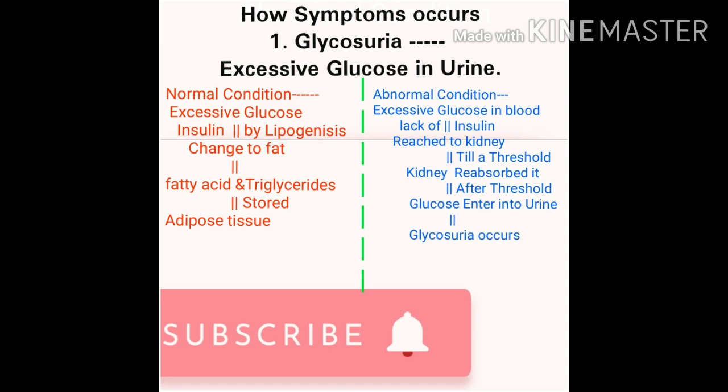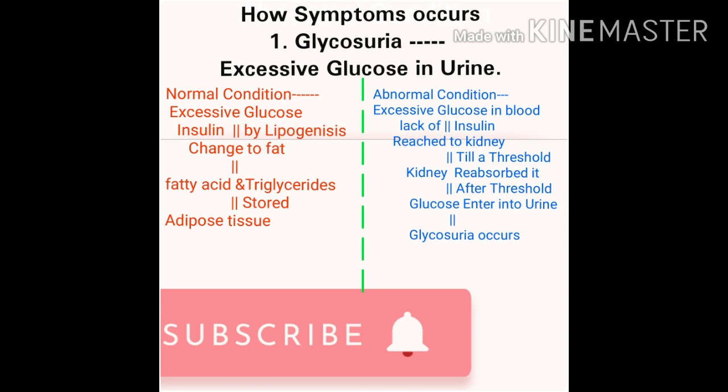Now we are going to see the abnormal, diabetic condition, when insulin is absent in the body. The patient has excessive glucose in the blood, and that glucose reaches the kidney, because it is not going to change into any fat due to the lack of insulin.